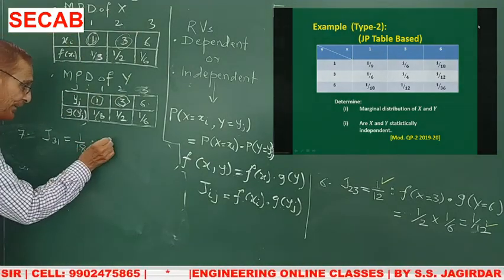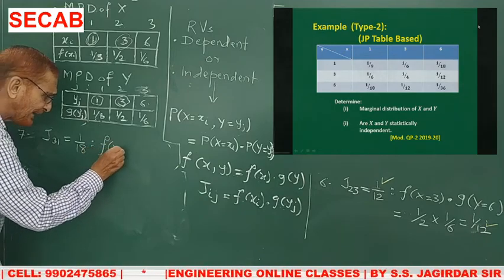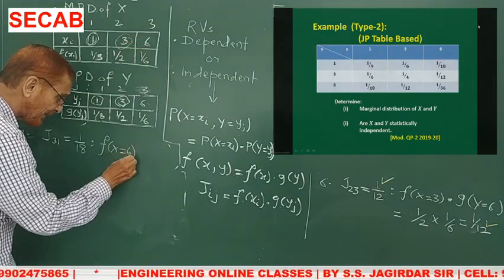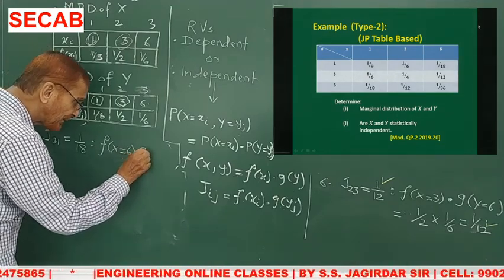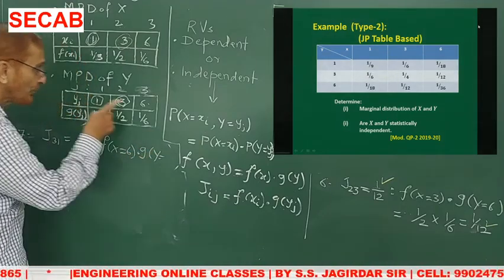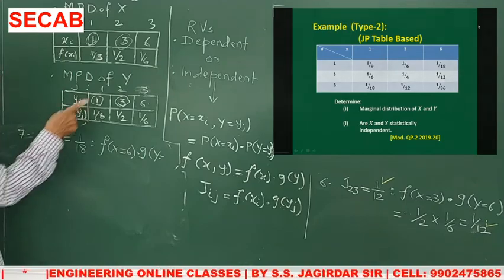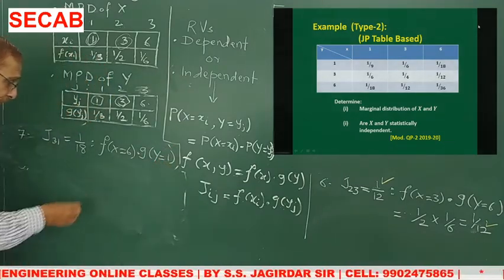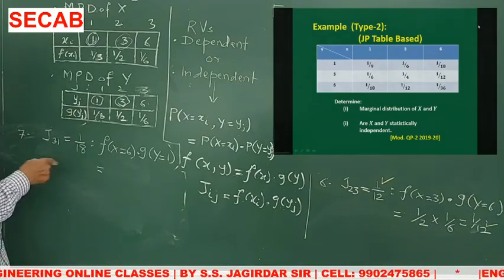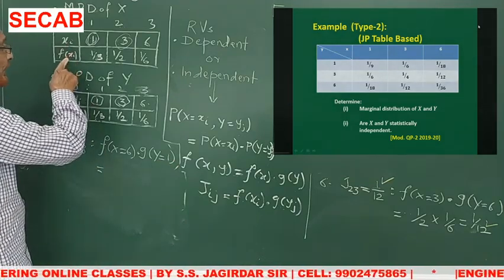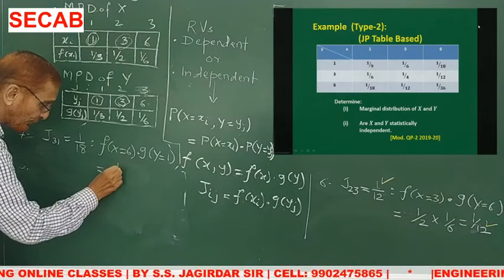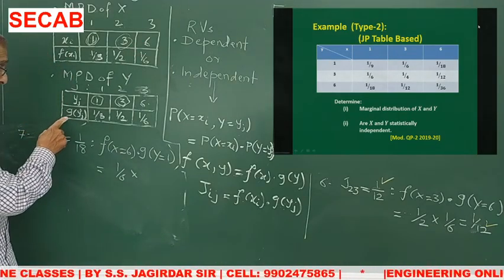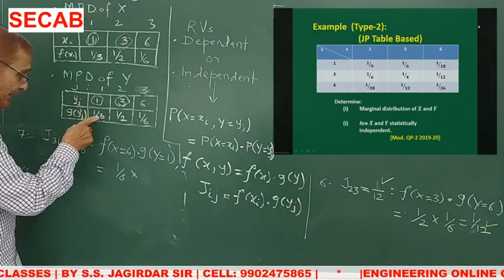It should be equal to f of x, where 3 means 6, into g of y, where y is 1. And exactly you can see that f of x when it is 6 is 1 upon 6, into g of y when it is 1 is 1 upon 3.